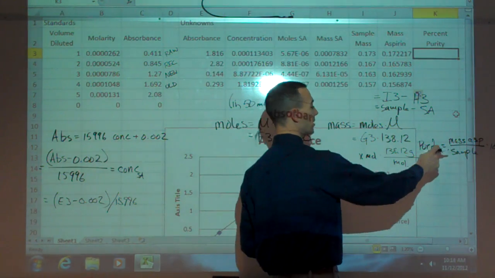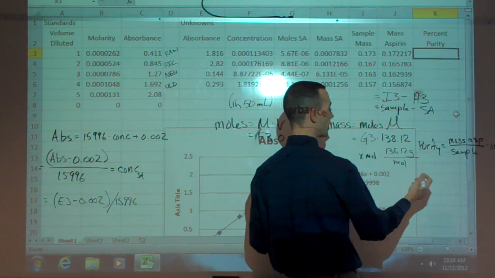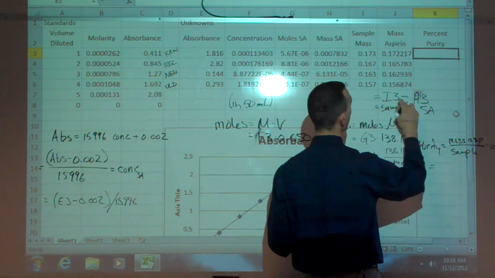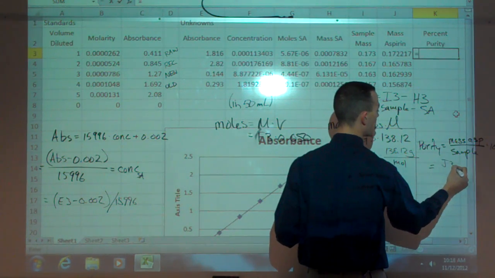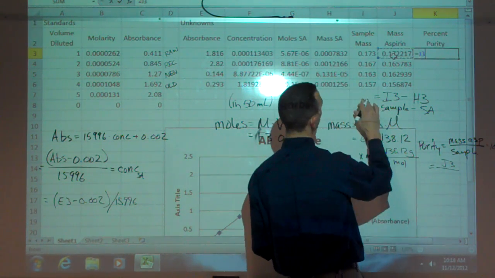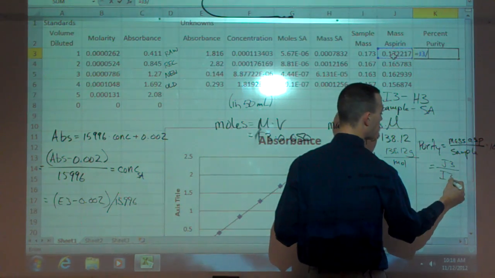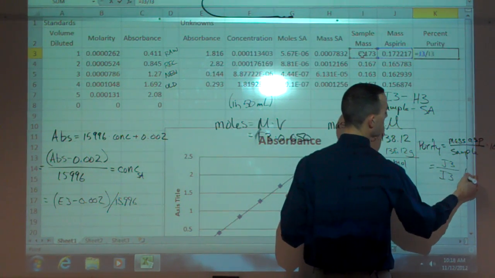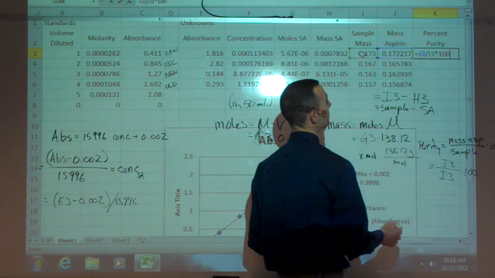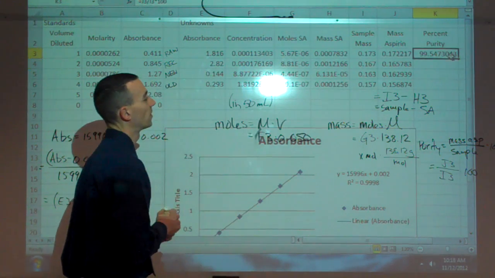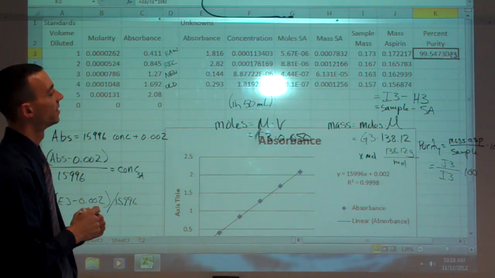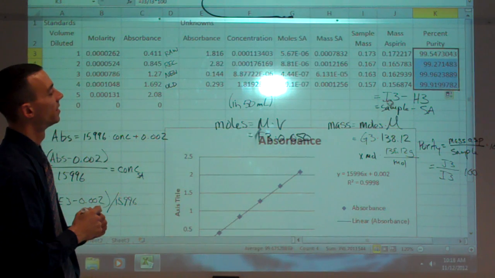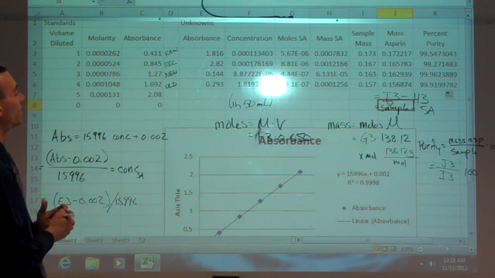So we have these numbers in different columns. So this would be our aspirin in J3 divided by our sample mass, which was in I3, and then we multiply by 100. And fill those down. All right.